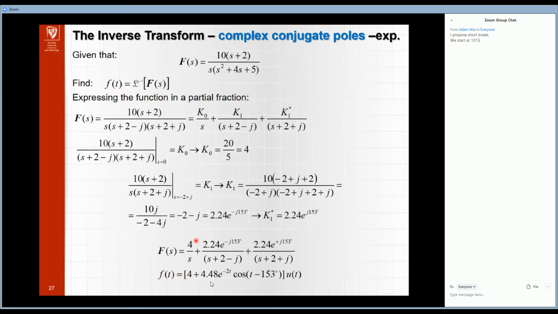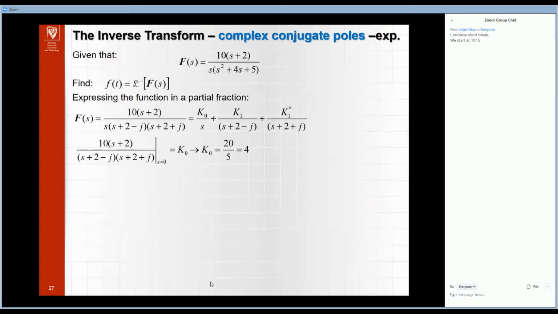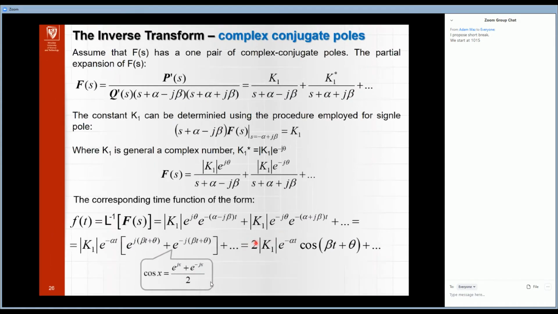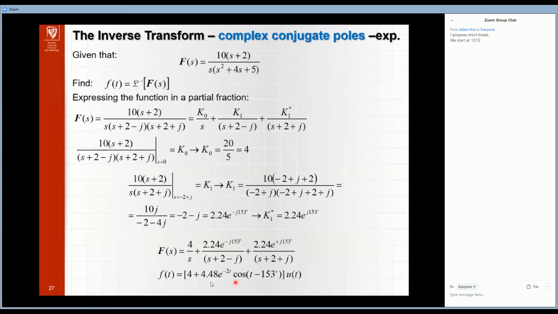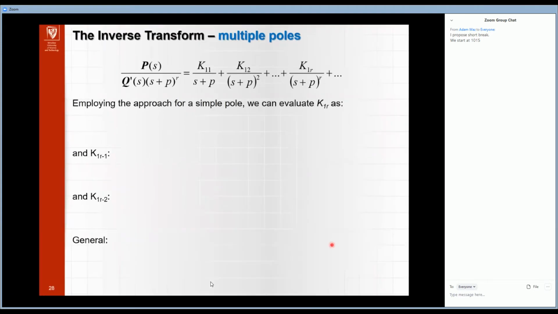This one gives only the magnitude, and for this one we have the multiplication of amplitude, because here is the double amplitude, and here is the factor 2 from this one, and this is the angle here. Okay, and so we have the function f(t).